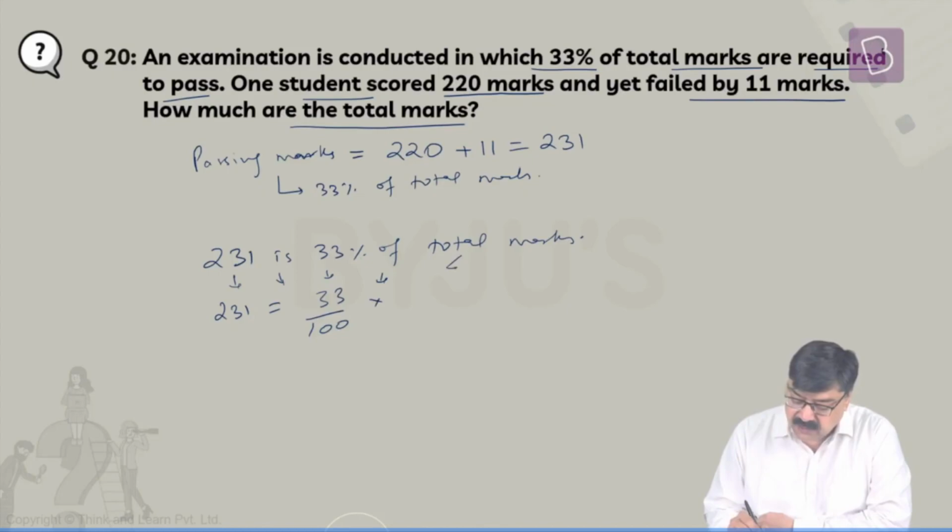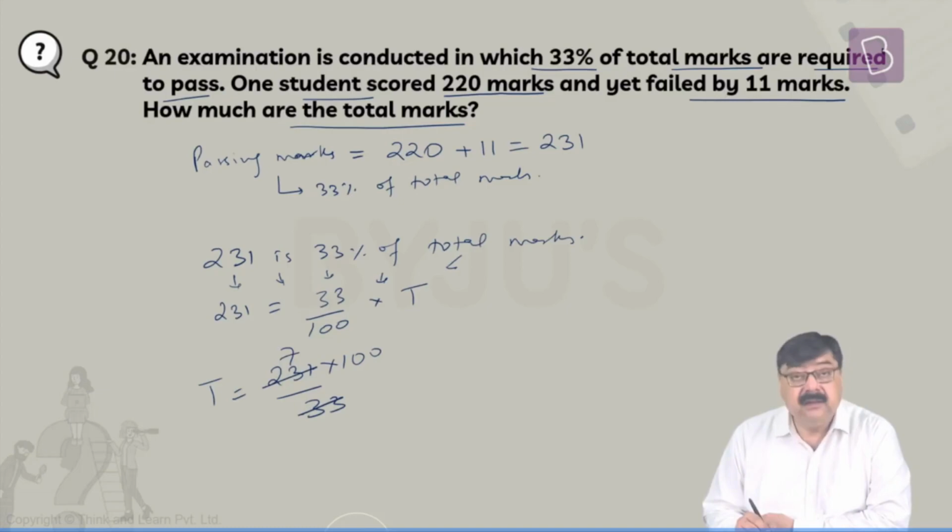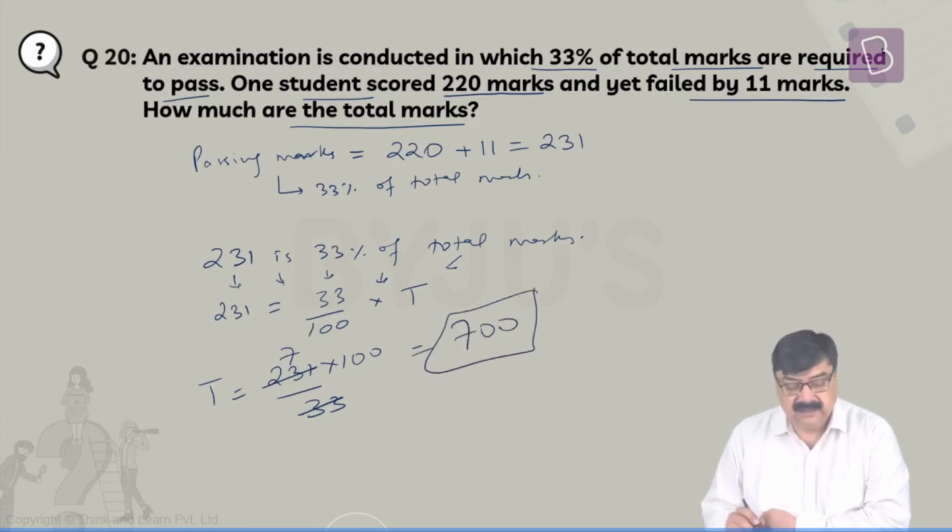Of total marks, which I am taking as T. So T here is 231 into 100 by 33. This goes by 7. Total marks are 700.